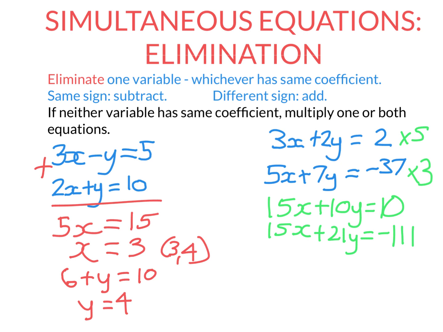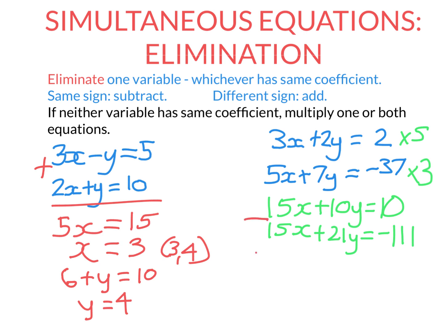Now I've got a situation where one of the variables has the same coefficient in front of it in both equations. So I know that I'm going to eliminate the x's. How do I do that? They have the same sign. They're both positive 15. When you have the same sign, you subtract one equation from the other.